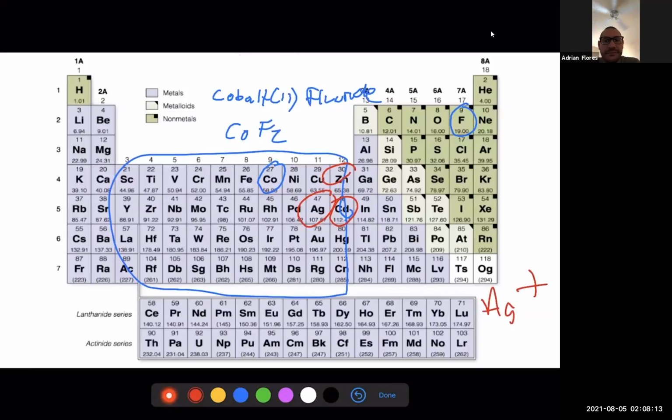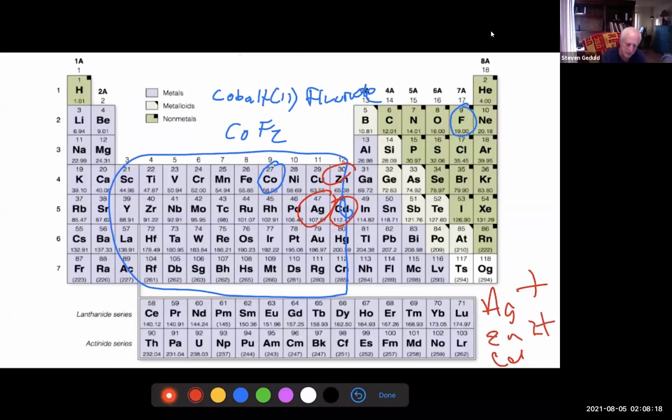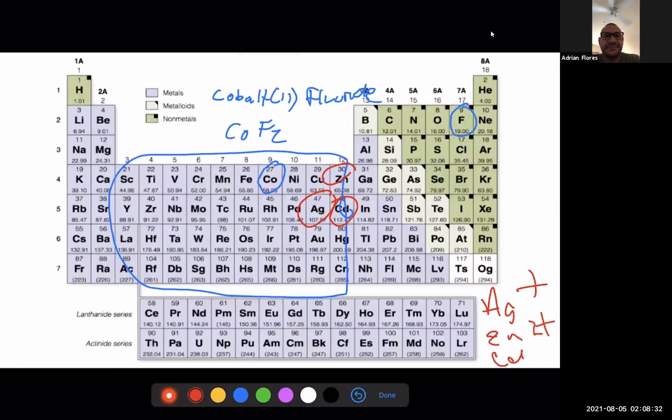Zinc and cadmium are always +2. Those don't change. Everything else can change. But that's how to name compounds, by using the numbers to manipulate them so they balance evenly.